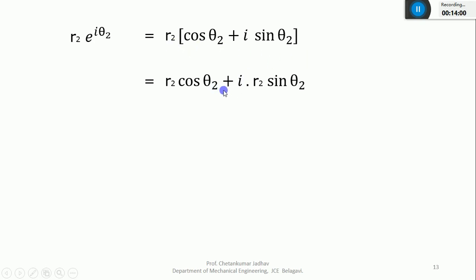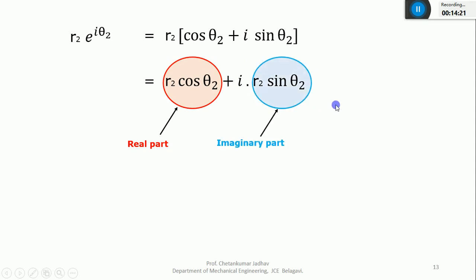Now, as I said, whatever portion is independent of I, where there is no I, will be considered as the real part. And the portion which is along with this I will be considered as the imaginary part.